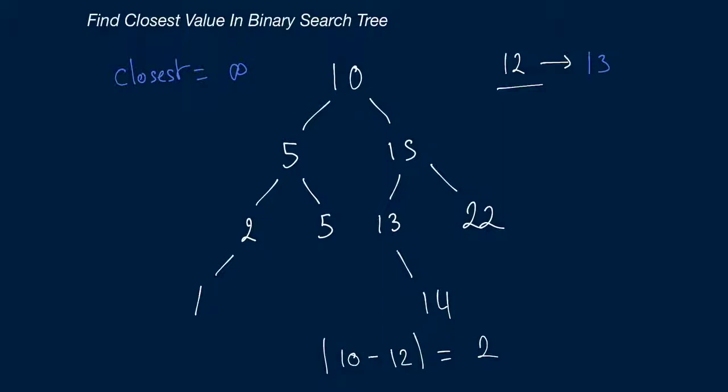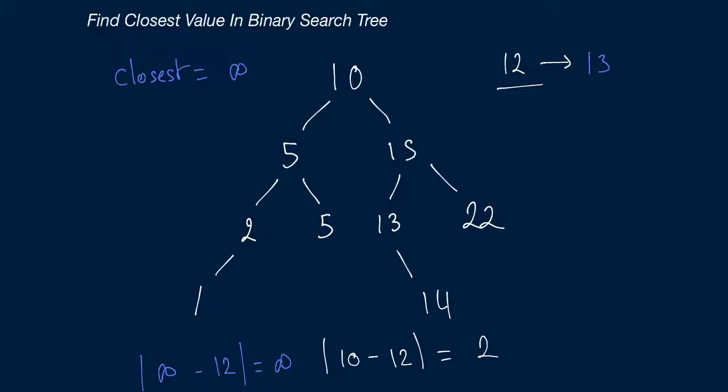So we compute the absolute value of our current closest node, which is infinity minus 12, and this is just going to be infinity. And so is infinity smaller than 2? Obviously not. Therefore, that means that the number 10 is closer to 12 than infinity is to 12.